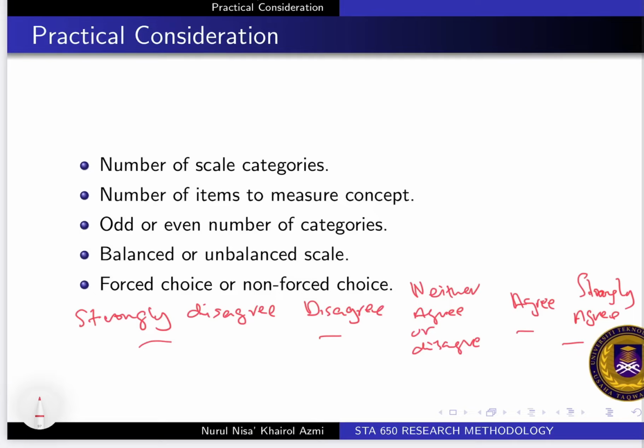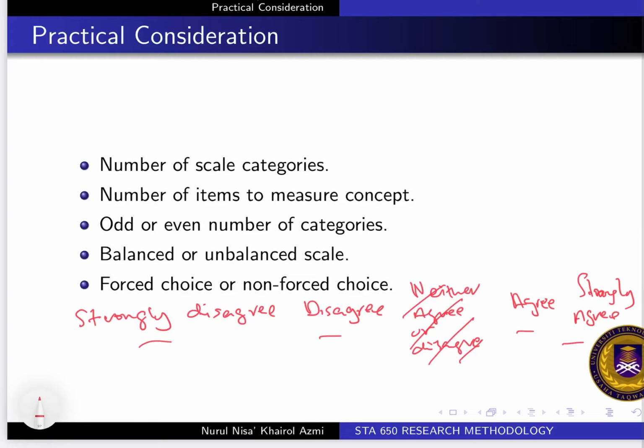And then the next criterion, forced choice or non-forced choice. In a forced choice measurement, you want the respondent to either disagree or agree with the statement, so you cannot have a neutral item. Meaning that the respondent has to choose whether to agree or not agree.